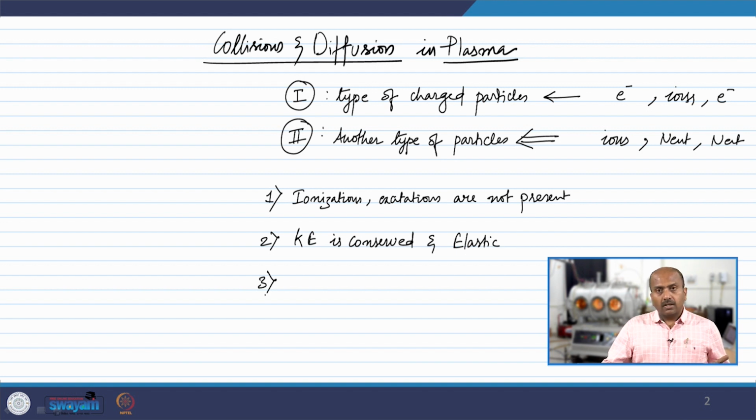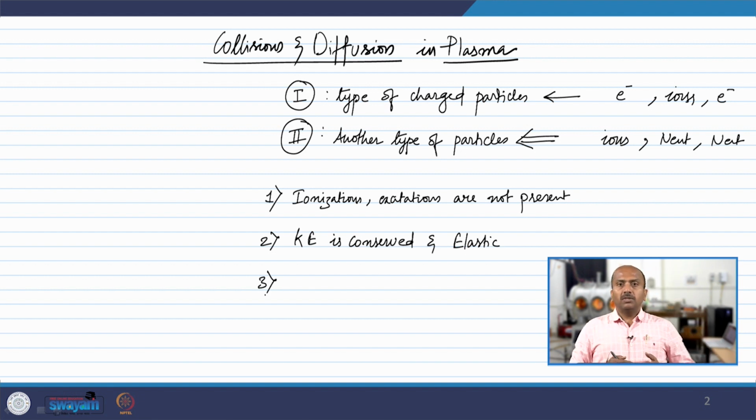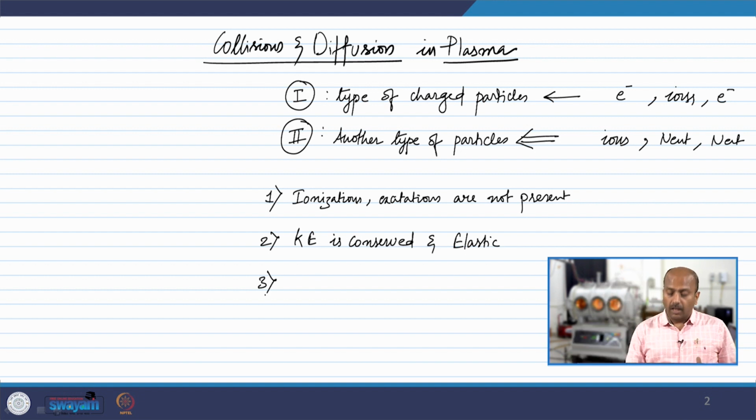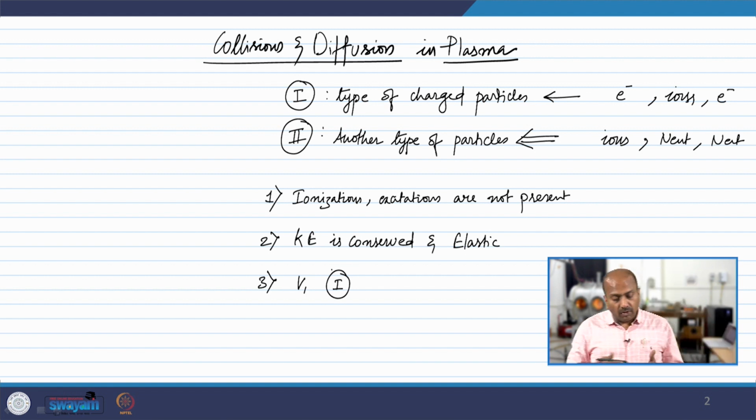Now, all these particles will obviously have random velocities, their velocities will be different, and at the same time the direction of these velocities would also be different. But we will assume a group velocity or a bulk velocity V1 associated with type 1 particles, which is actually an average velocity of all the particles present within this type.